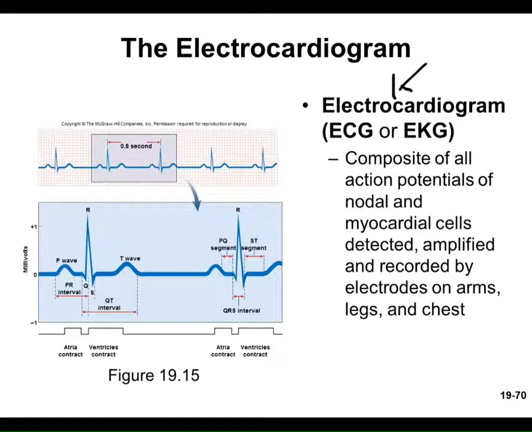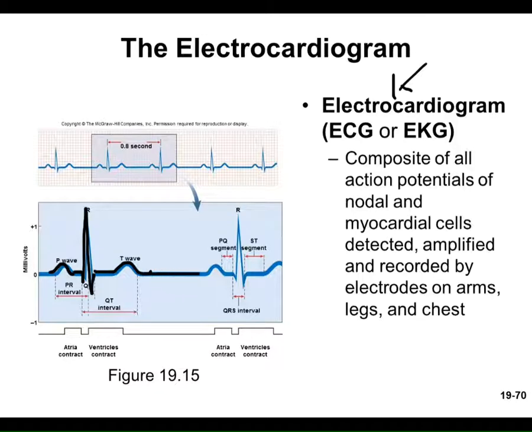And what you'll see in lab and what I'll introduce to you again today is that there's a normal sinus rhythm. Within a normal EKG, there's going to be a P wave. There's going to be what's called the QRS complex of rather significant disturbance. And then there's going to be another wave, the T wave.